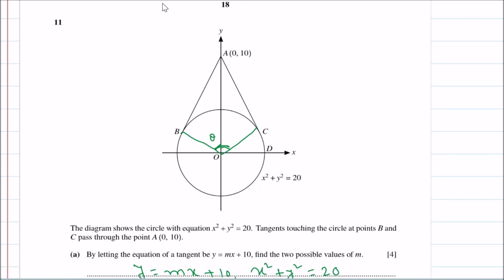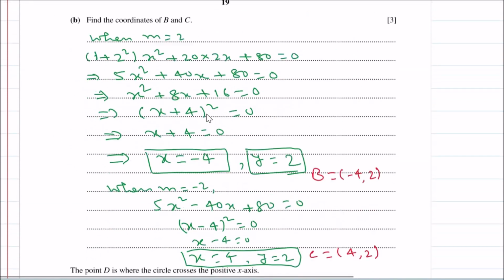As equation of the circle you can see here, radius will be root 20, and here it says y coordinate is 10. That means this is 10. Okay. Now we can apply the cos and we will write like this.